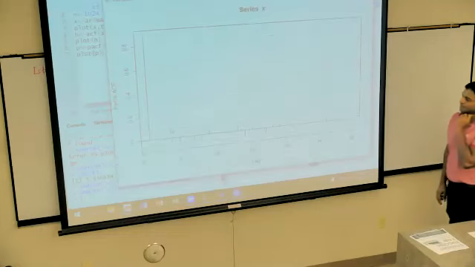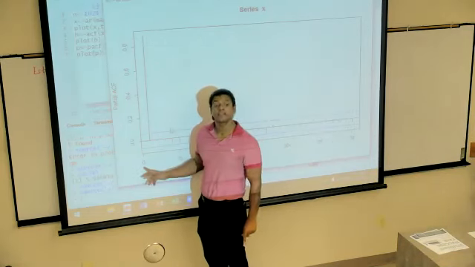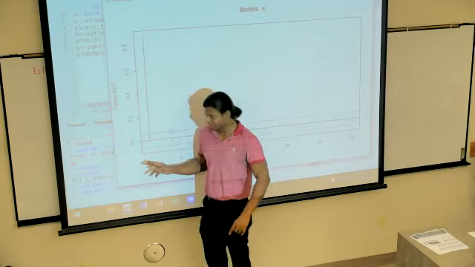If you look at the partial autocorrelation plot, at 0, we have nothing.